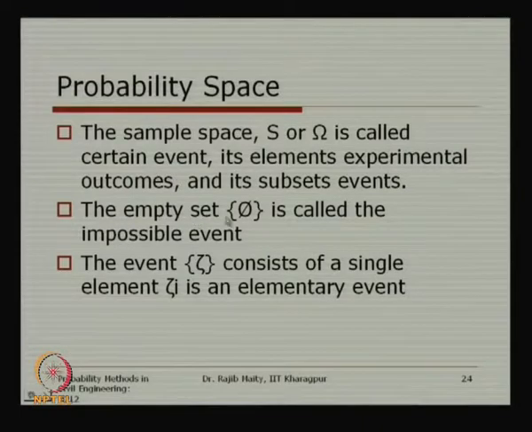If I say some set is empty, that means it is an impossible event, so that particular outcome is not feasible, is not possible. And obviously, if it consists of a single element, a single outcome, that is an elementary event.